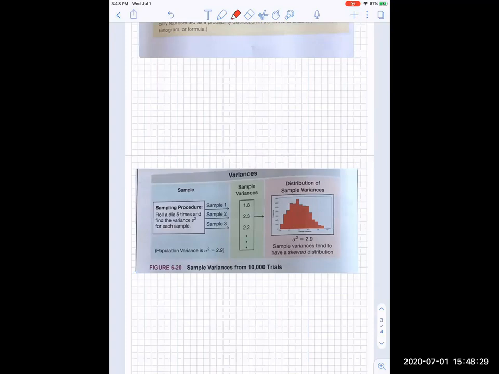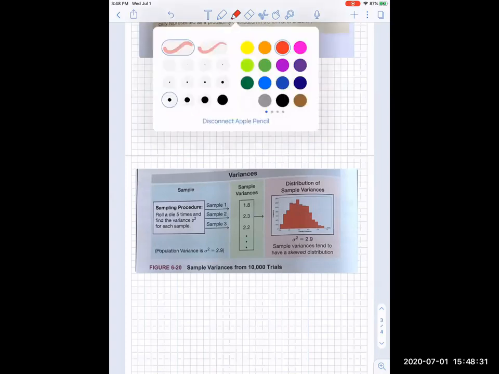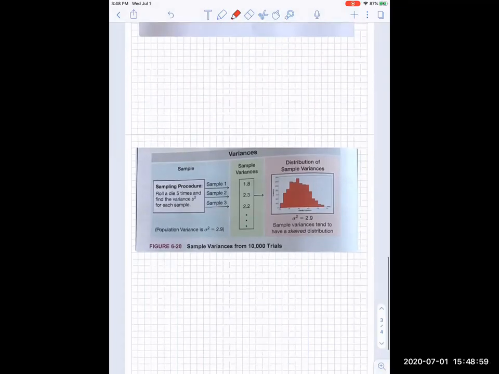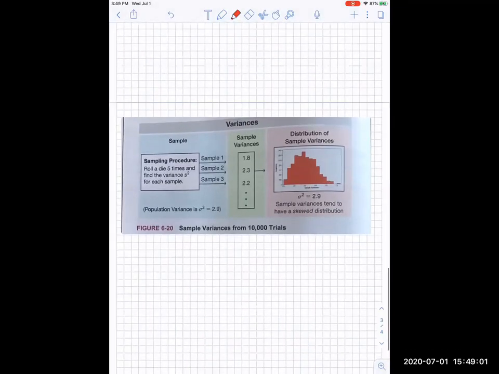So here we have an experiment, which is basically rolling a die 5 times and finding the variance of each sample. So we roll 5 times, we get 5 numbers, and then we find the variance of these numbers.